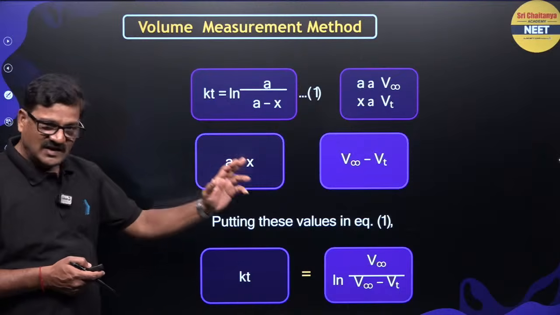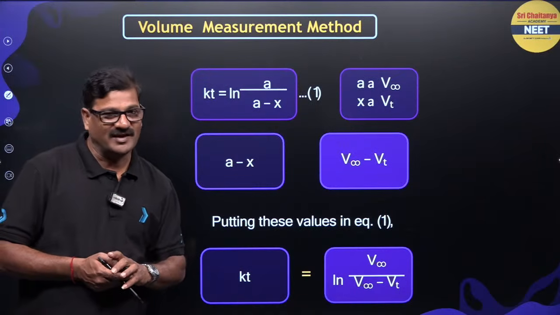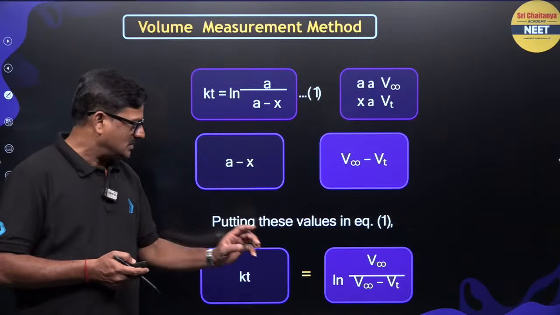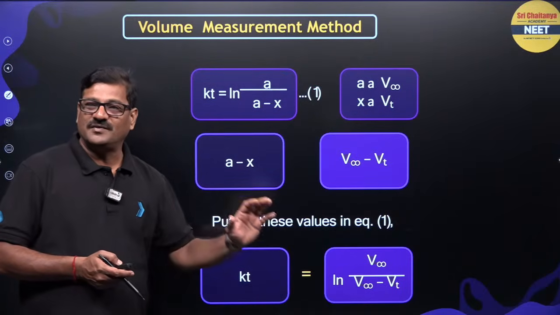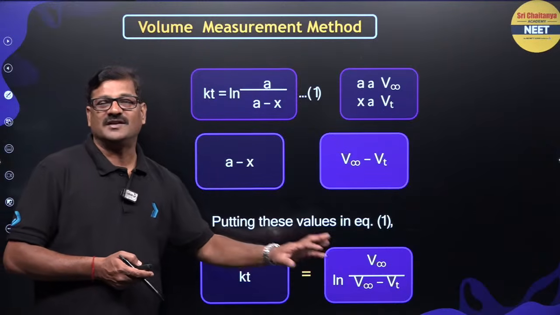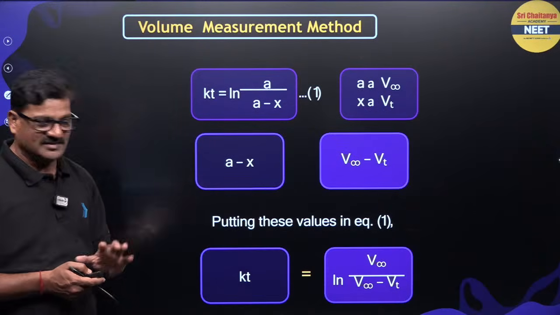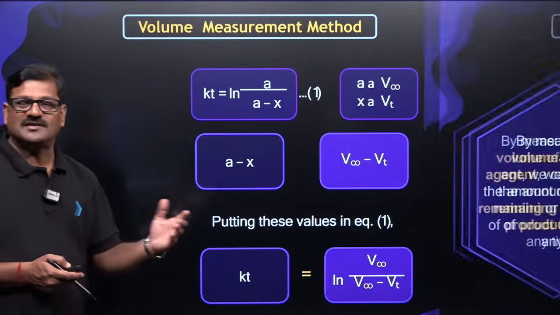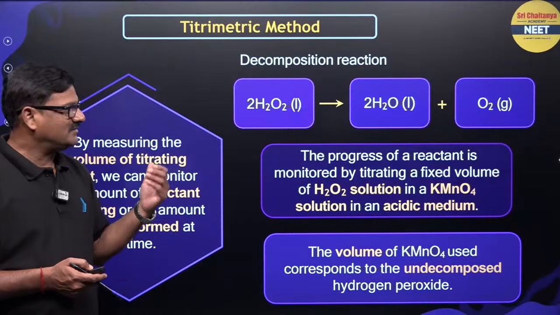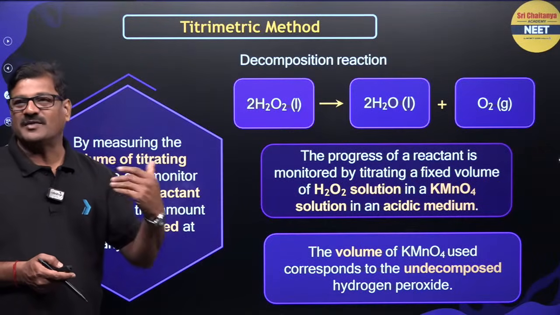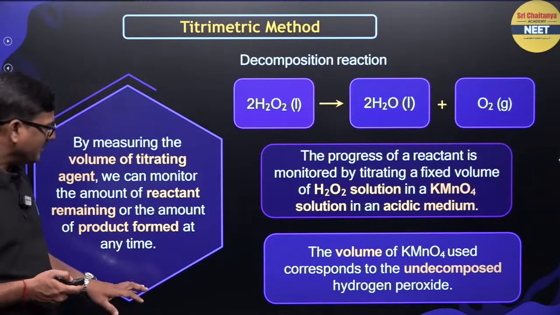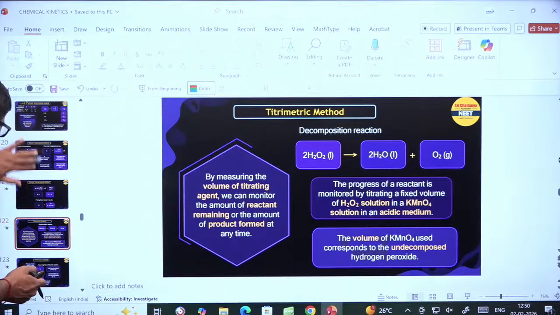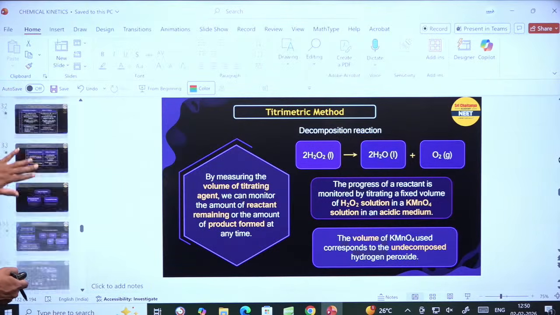So A minus x is going to be V infinity minus Vt, and putting that, Kt is equal to ln V infinity by V infinity minus Vt. Just directly you can take this. Fine. So you can say K is equal to 2.303 by T log V infinity by V infinity minus Vt. The titrimetric methods and all are not actually required right now, and we'll move a little beyond that.